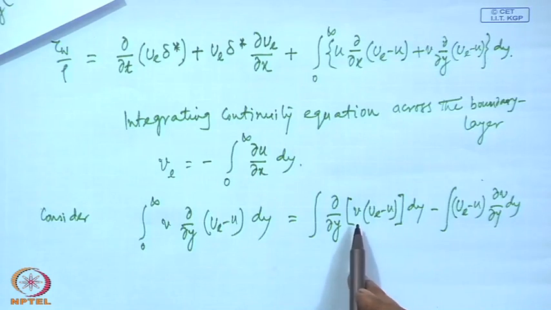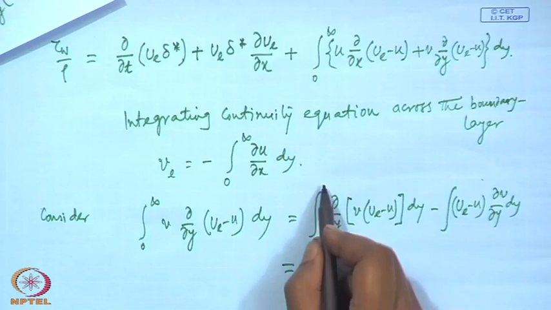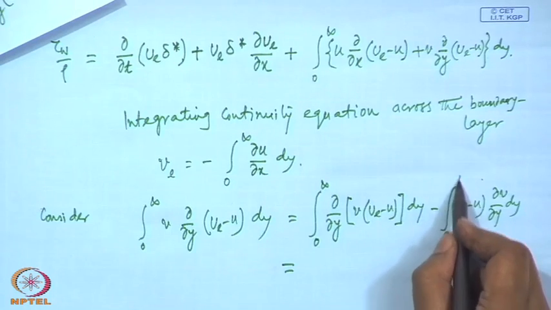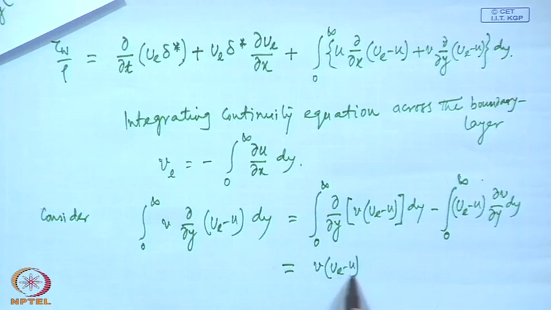This integration can be carried out fully. The result is 0 to infinity. This integration is v into u e minus u.